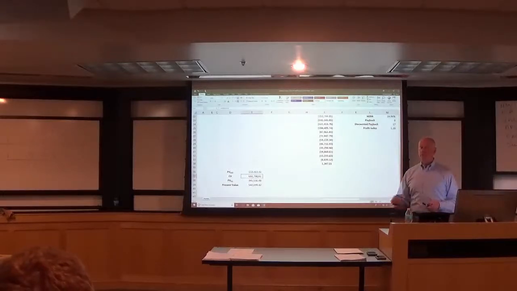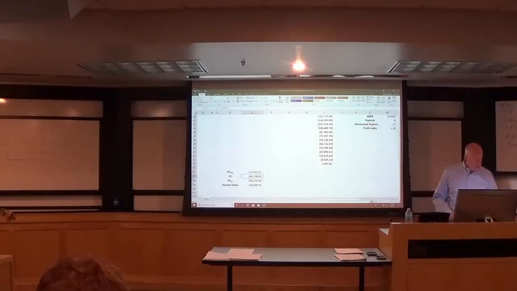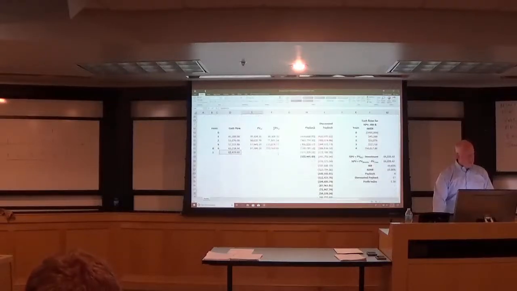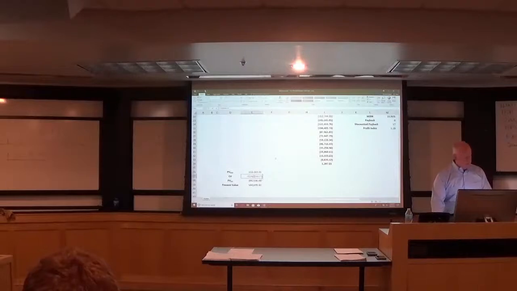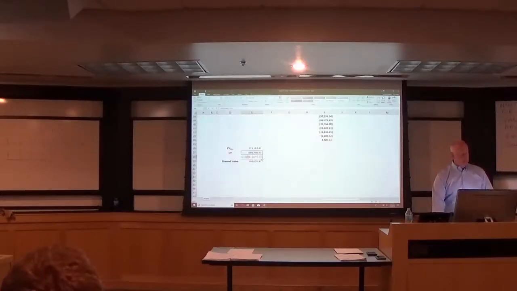So if I want to turn that into a present value, I have to discount it by dividing it by 1.15 to the power of what? 4. Because that's the number of years from now that it lives, and then the amount of time I have to discount it back, which is exactly what I've done. So I'm dividing it by 1.15 to the exponent of 4, and what I'm dividing is the continuing value.